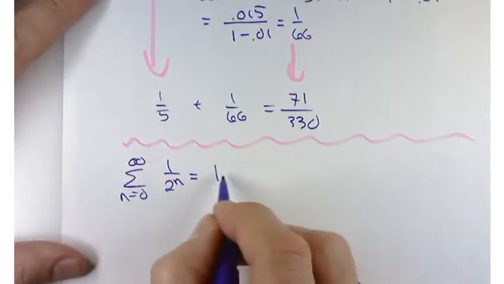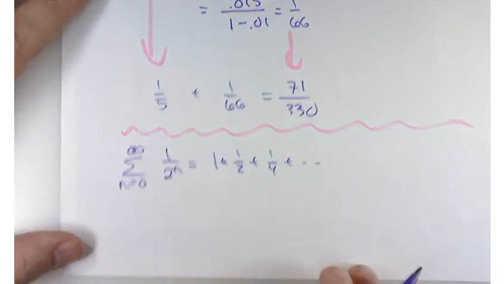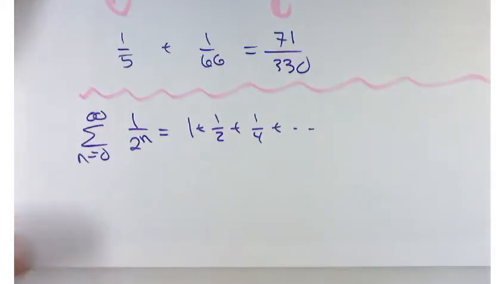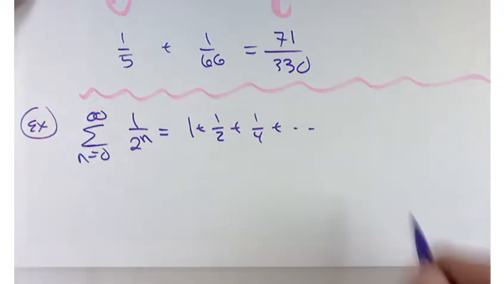So there's going to be 1 plus 1/2 plus 1/4 plus etc. See if you can't figure out this infinite sum. This is not one that's in the book, although it could be. What would that infinite sum be?